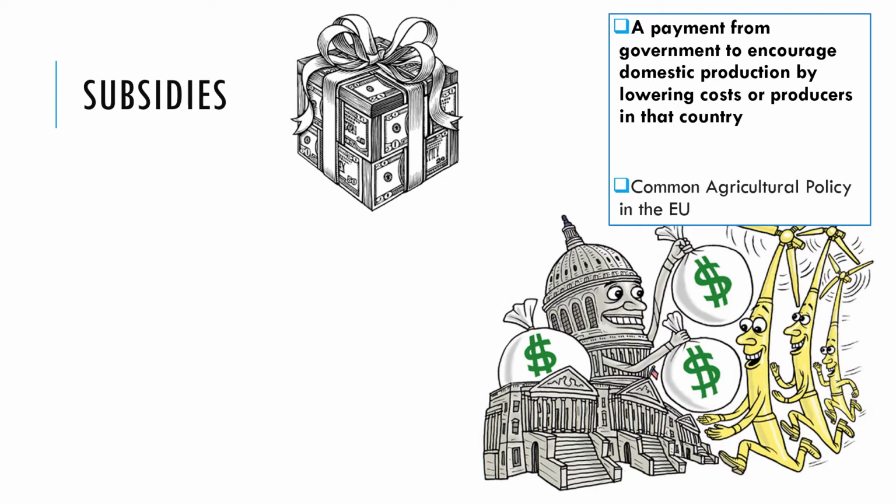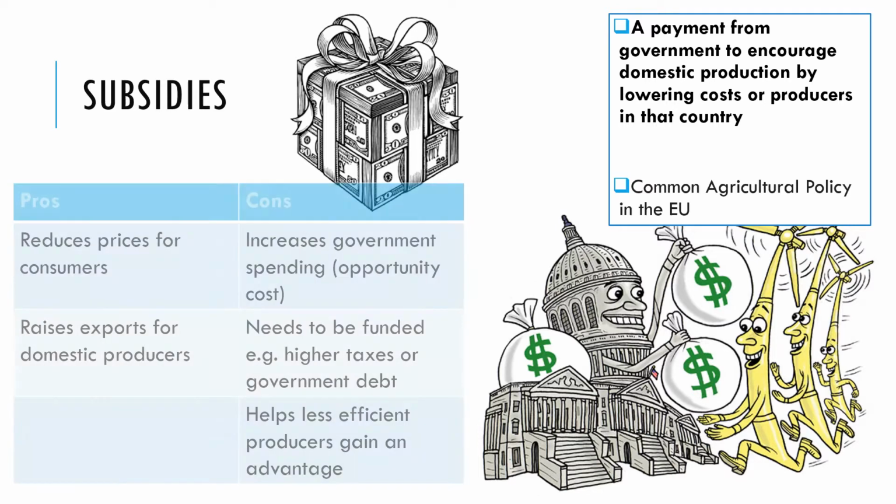An example here would be the Common Agricultural Policy in the EU, where European governments give their farmers subsidies to help lower their costs so the farmers can stay in business and foreign cheaper agricultural products don't drive the domestic farmers out of the market.